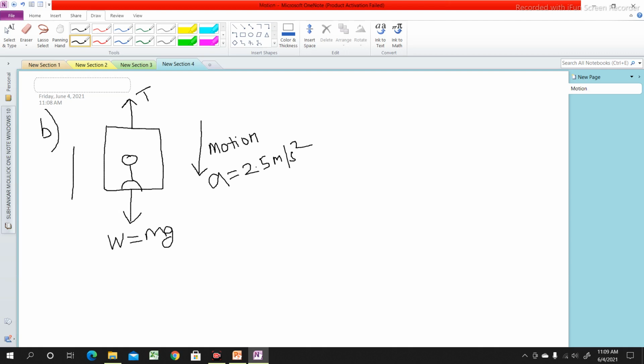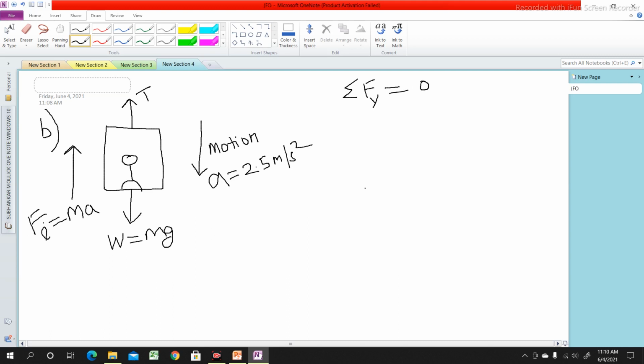So this will be the direction of inertia force Fi, which is equal to m into a.